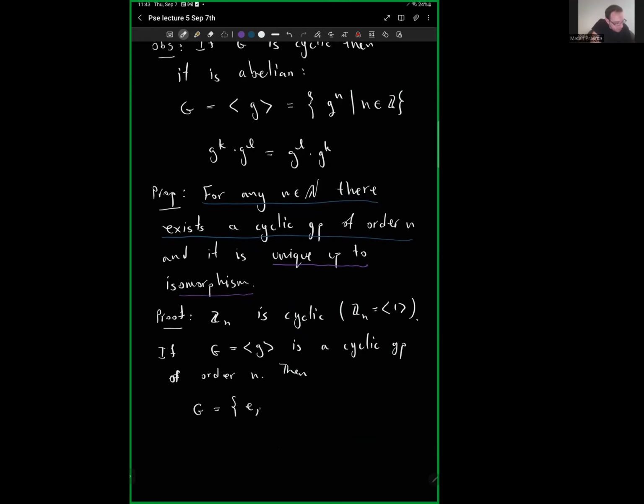So this is e, g, up to g to the n minus 1. And define f from, let's say, integers modulo n to G by f of k is equal to g to the k.